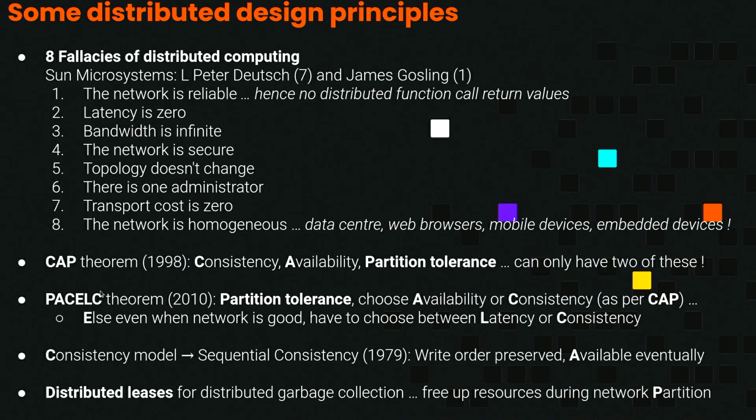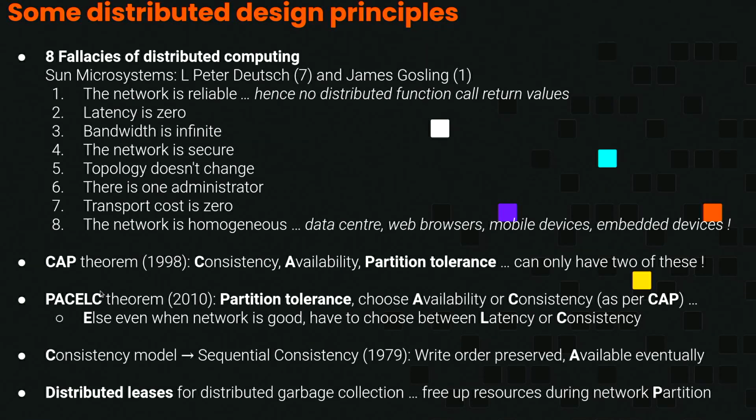So that was about 20-odd years ago, the CAP theorem. In the last dozen or so years, there's what's called PACELC, which says not only do you have to worry about CAP, which is basically choosing partition tolerance and then worrying about availability versus consistency, even if the network was good, you still have to choose between whether you want good latency or you want everything to be consistent, because there's a bit of a trade-off there.